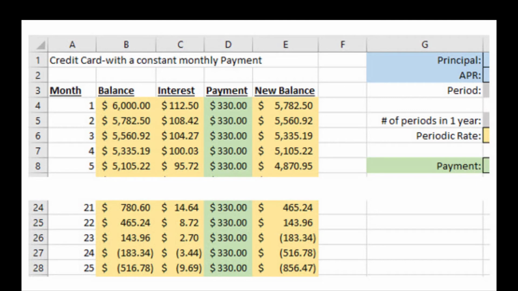Second question, B, how much is this person paying per month towards the balance? Well, that's the payment. There it is right there, $330. And C, how many months did it take to pay off? This is the split screenshot. So you should go down to there and see that it took 23 months to pay it off.